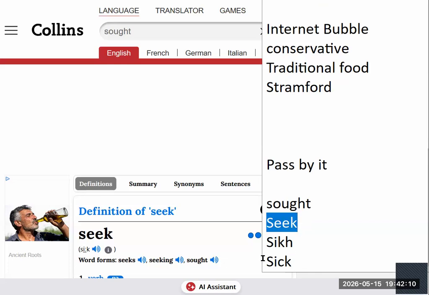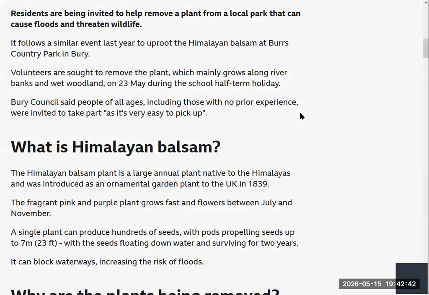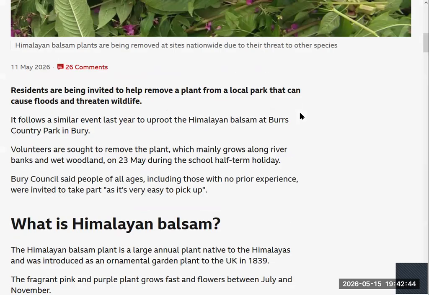Seek and sick. They've got a similar sort of vowel sound in the middle, isn't it? Seek and sick. Your sick is perfect at the bottom. Very good. Seek. Okay. Good. Well done.